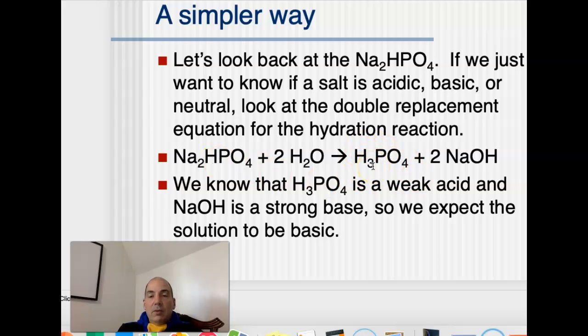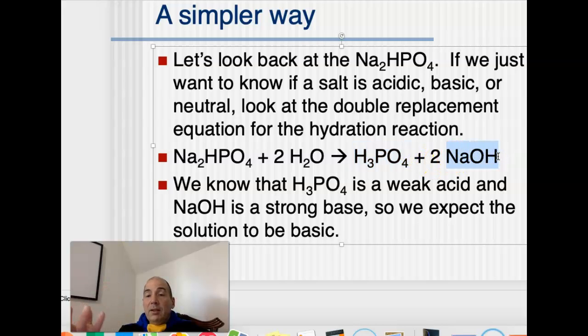So that is my double replacement reaction. Now I look at this and I see that H3PO4 is a weak acid, NaOH is a strong base. That means the base is stronger than the acid, which means that the solution has to be basic. So just by looking at a hydrolysis, or a reaction with water, it's much easier to assess whether something is an acidic salt, a basic salt, or a neutral salt.